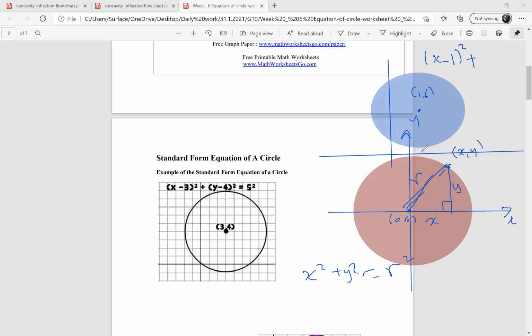Y is moved up, so it will be y minus 6 all to the power of 2, and if the radius is 5, it will be 25.